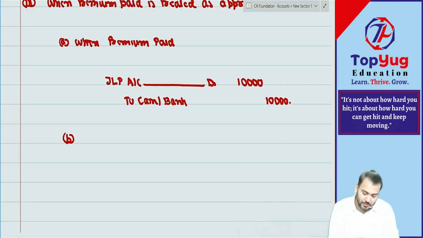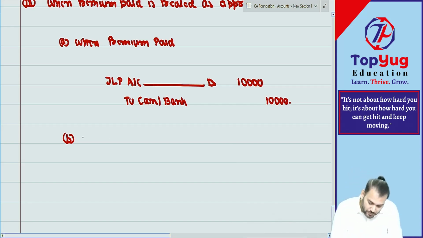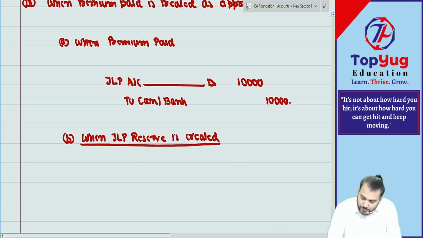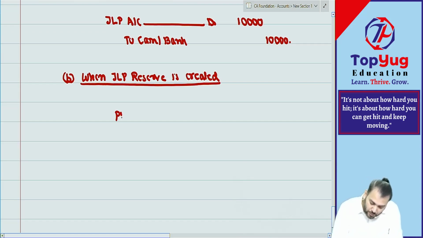I will explain. When JLP reserve is created, what journal entry will we do? From which account?